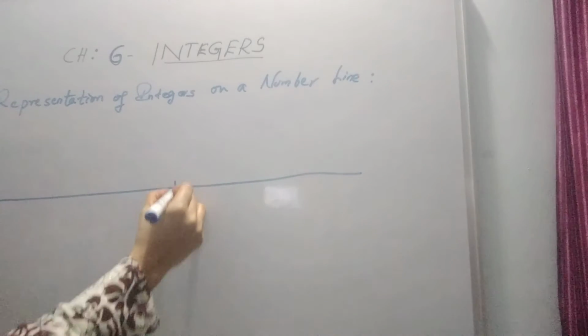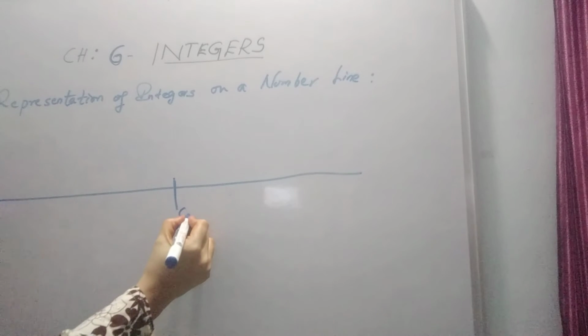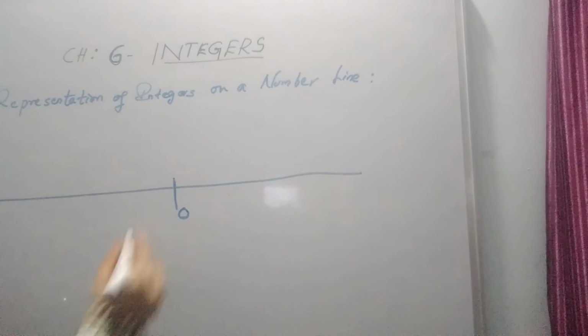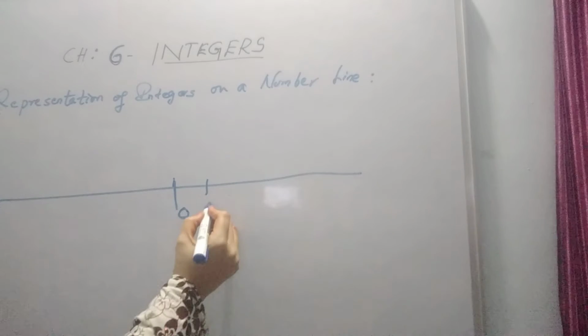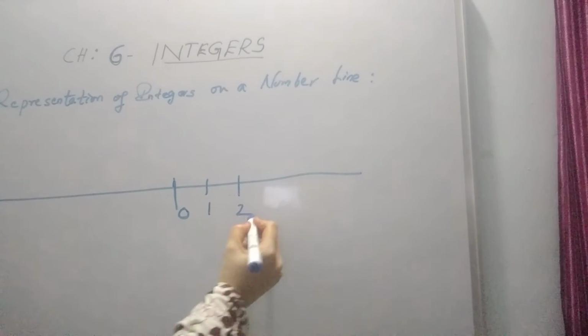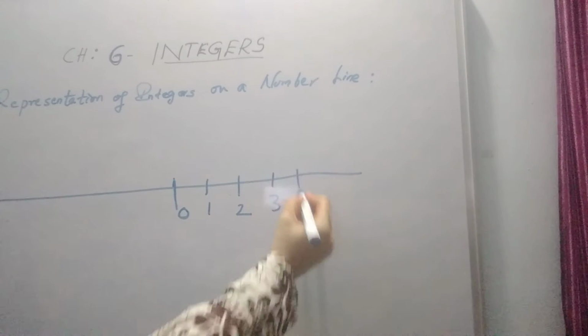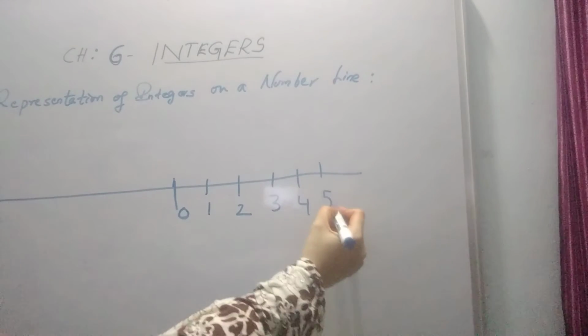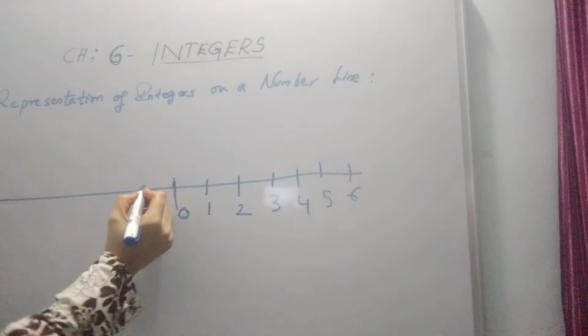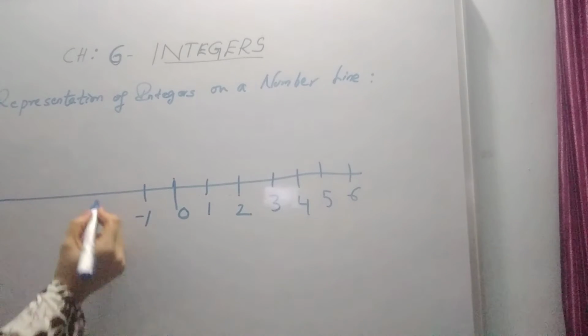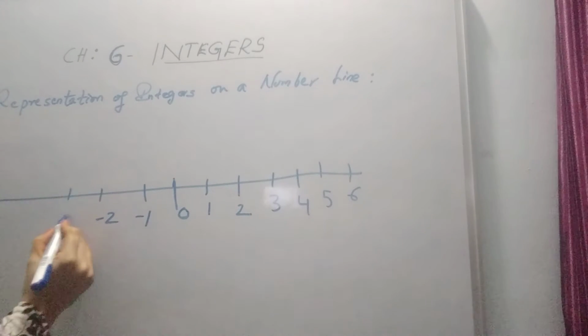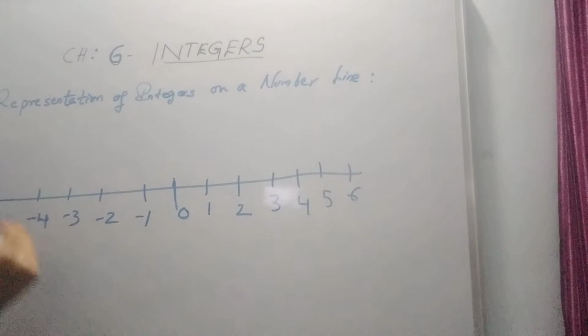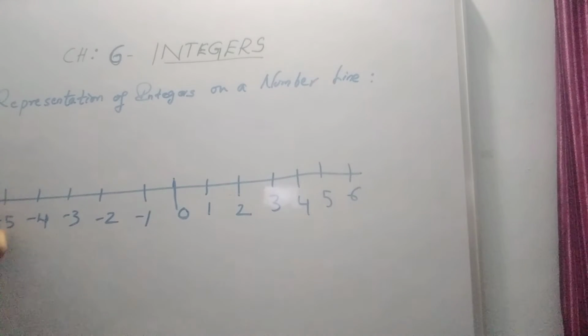First, in the middle of the line you have to put 0. The right side of 0 has the positive numbers: 2, 3, 4, 5, 6, like this. Here -1, -2, -3, -4, -5, -6, like this. We have to represent integers on a number line like this.